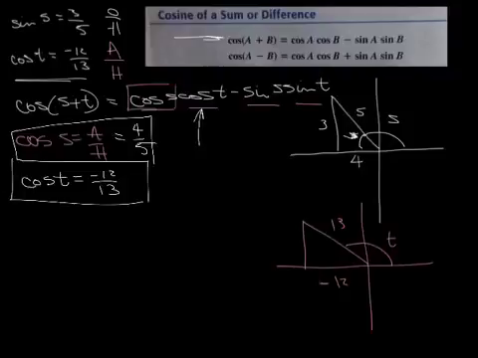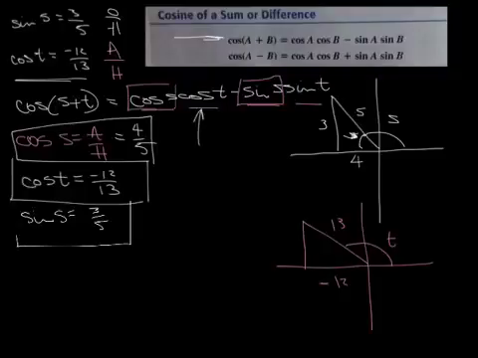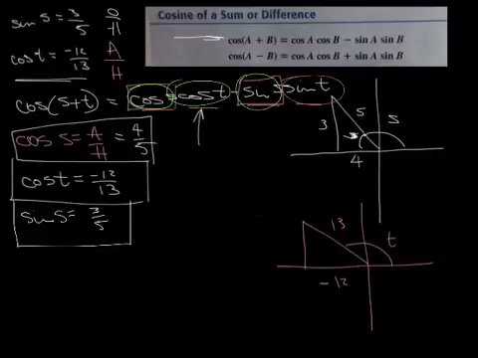Now I'm going to look for the sine of s. So I'm going to look at the top triangle. Well, I was given the sine of s up here at the top, and it says that it's 3/5. Okay, so I found this, I found this, and I found this.